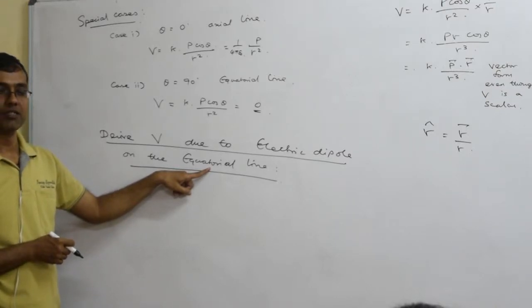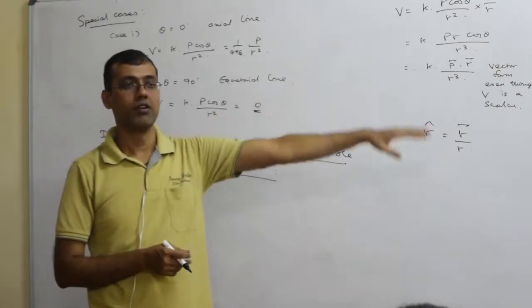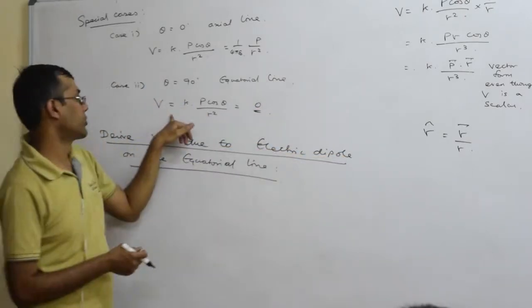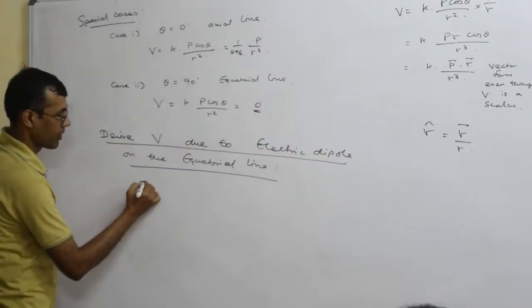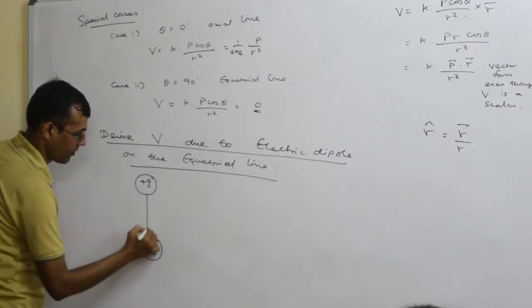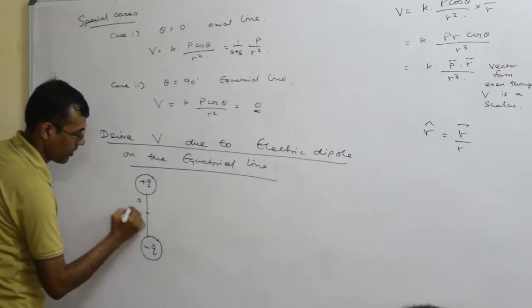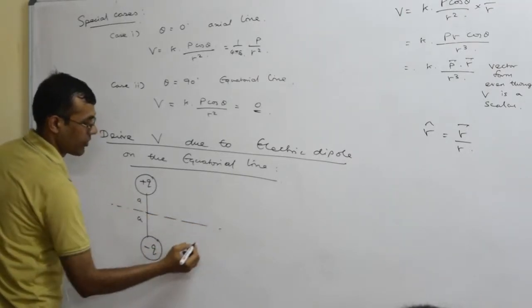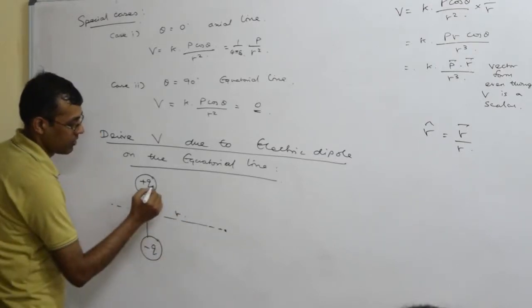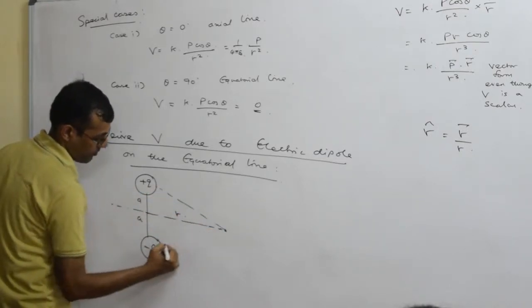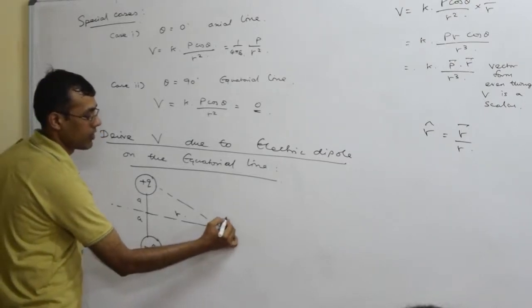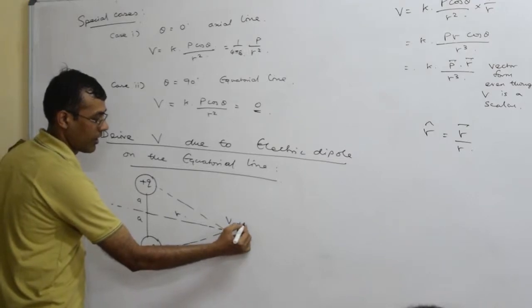What they're expecting you to do is, instead of doing all these things, finding it for the general point and then substituting this, take plus q here, take minus q here, and that's your A, that's your A, that's your equatorial line. So if I take a point here at a distance of r, simply calculate V1 separately, V2 separately, and then add it.